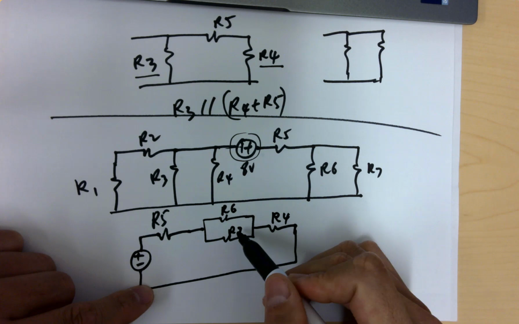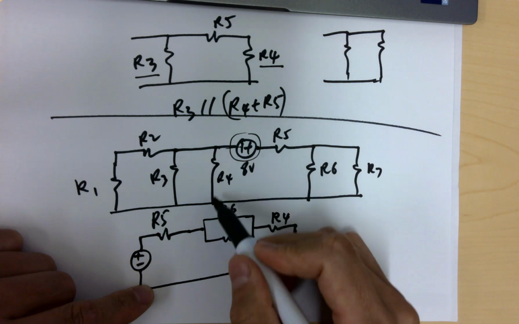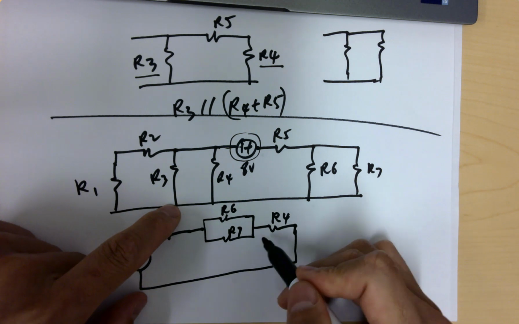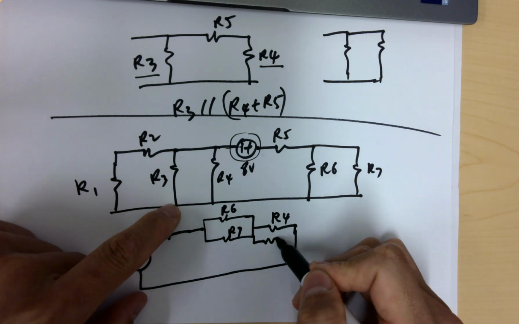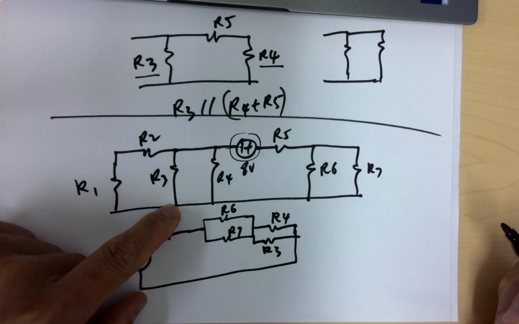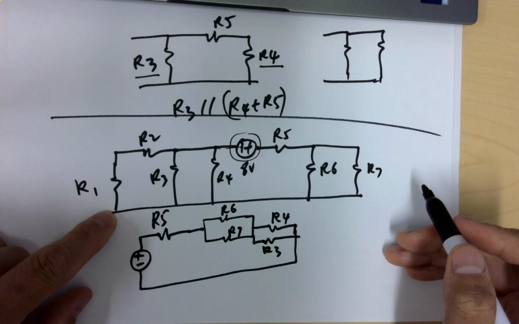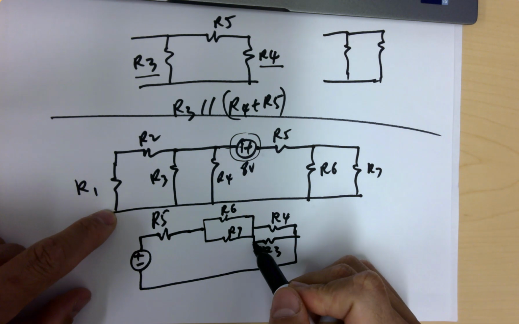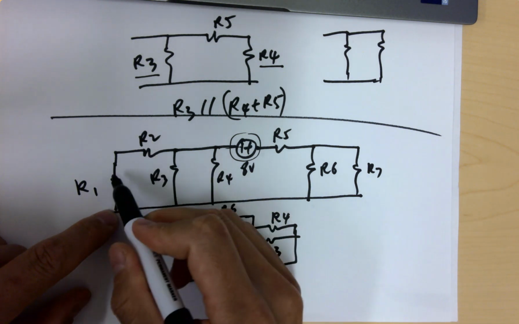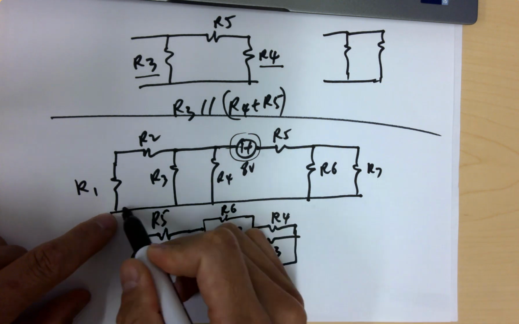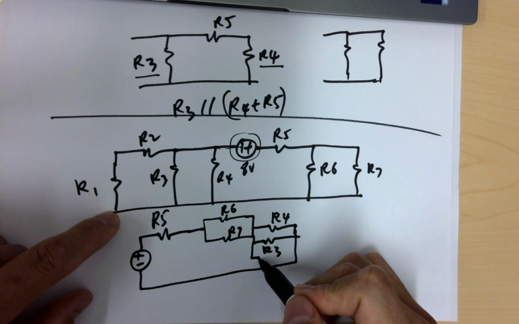This one goes to R4 and it's getting split. R3 goes to R4, so actually R3 is here. And you have another branch that has R1, R2 in series, which also goes back to the cathode.